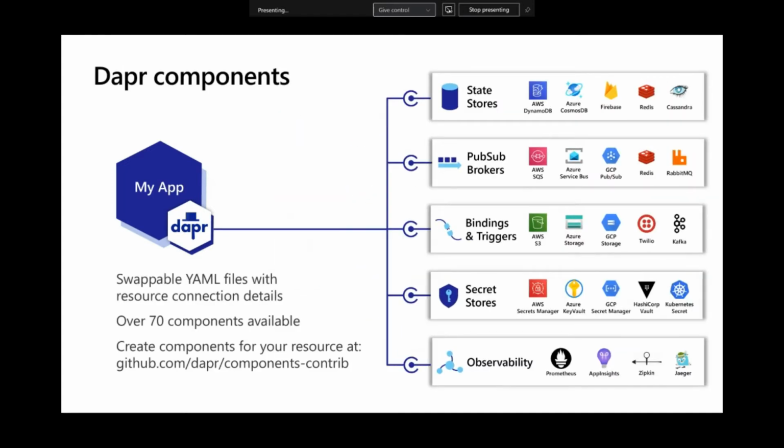So Dapr out of the box offers a vast list of components for each building block, supporting generic options, Azure native services, and services from other clouds too. The components used by a Dapr application can be swapped by changing a YAML configuration file.